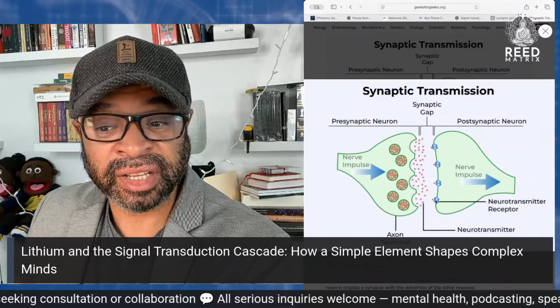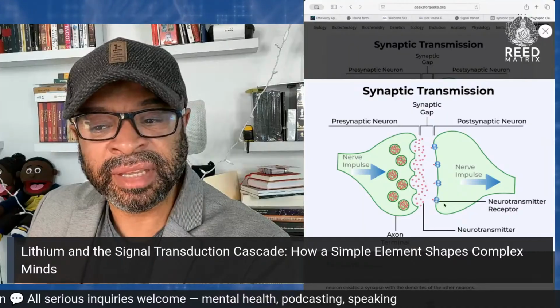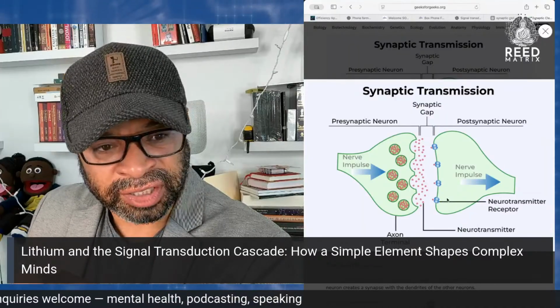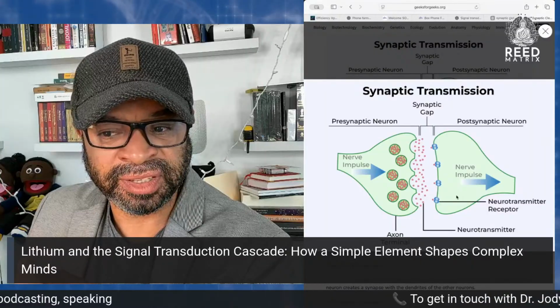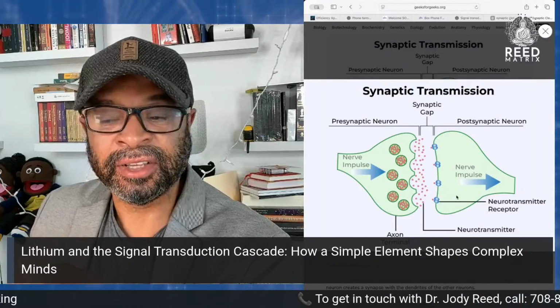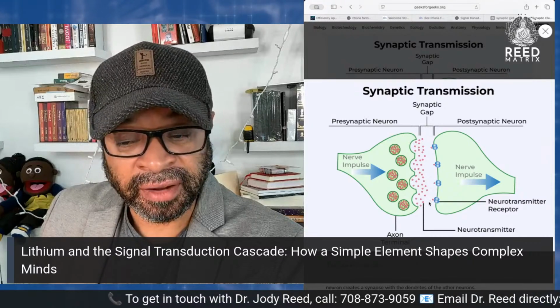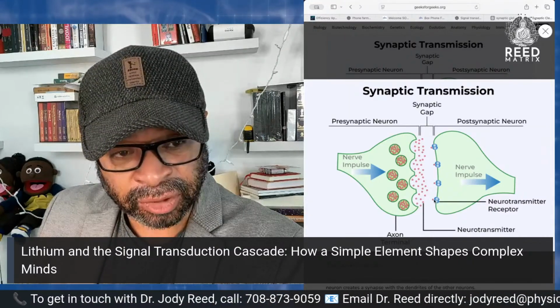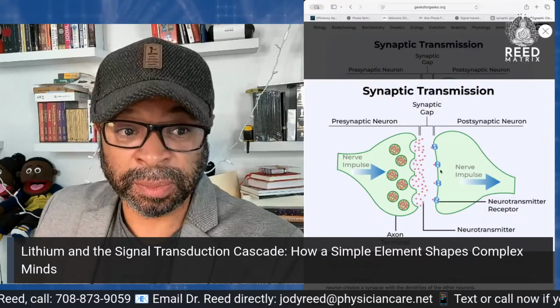In the situation that I described, where the person is on an antidepressant and we have basically all the receptors bound, but there's no response, it could be that the signal transduction cascade, the inner signal, is malfunctioning, right? So we think that once the ligand is bound to the receptor and the receptor is activated, we're going to get a response from the cell.